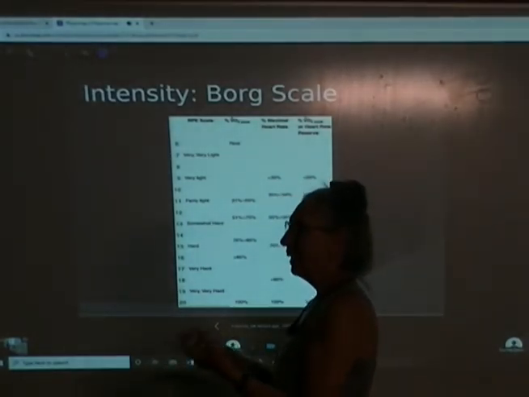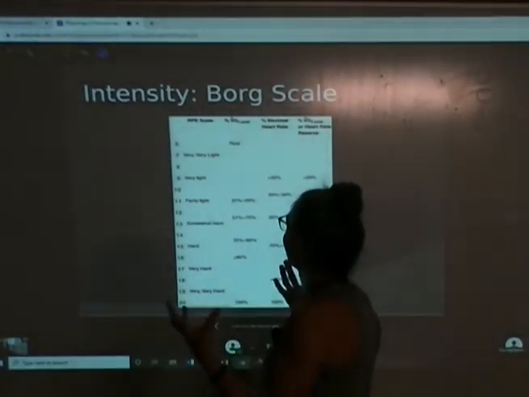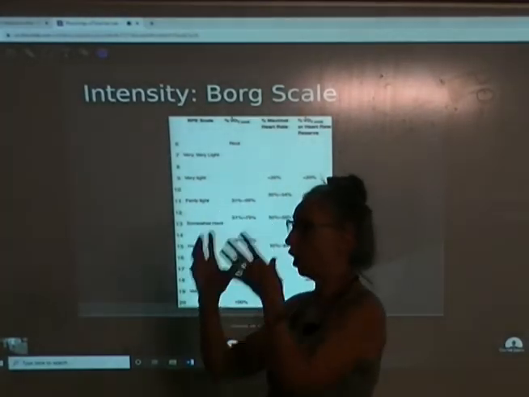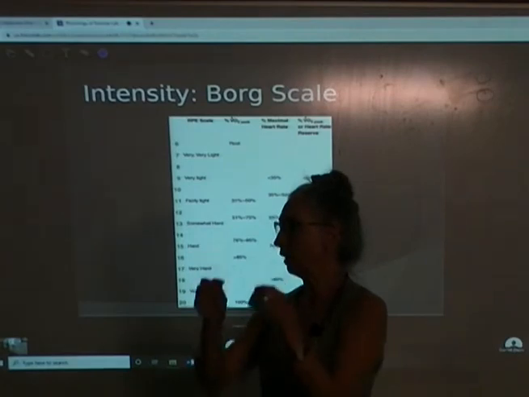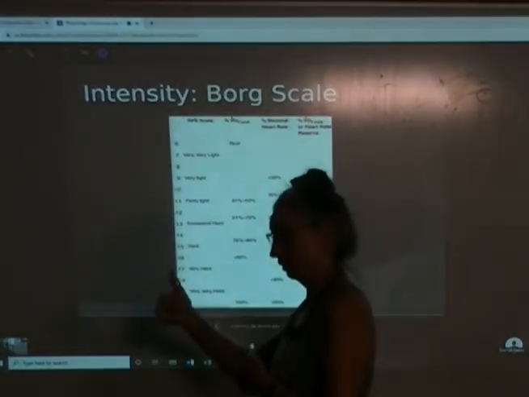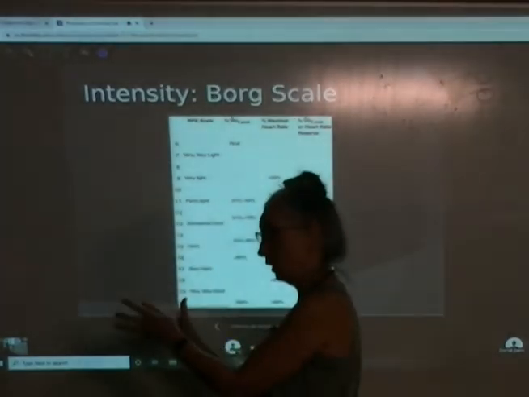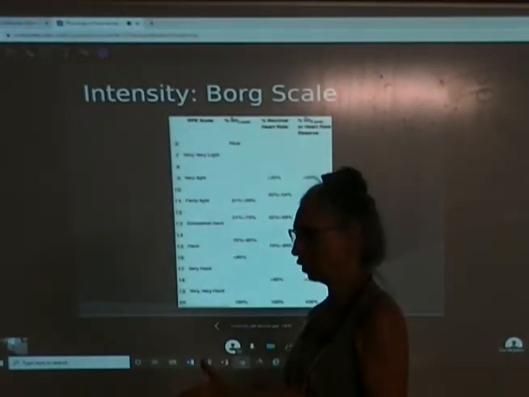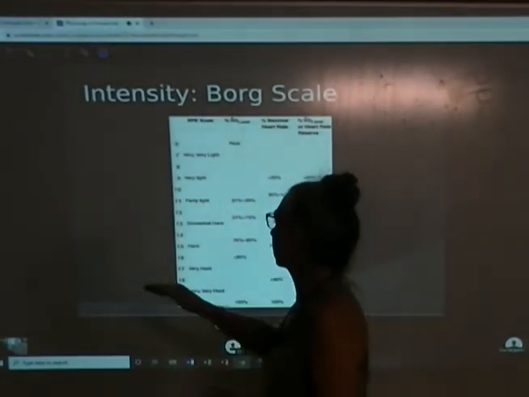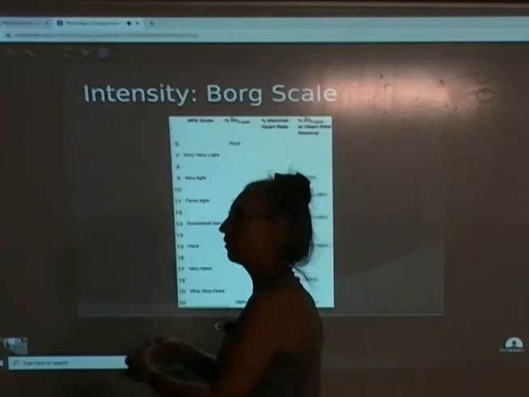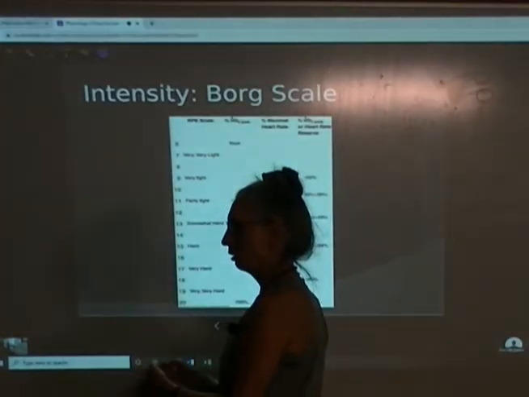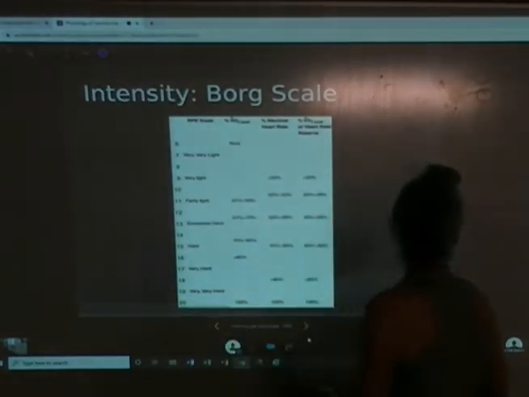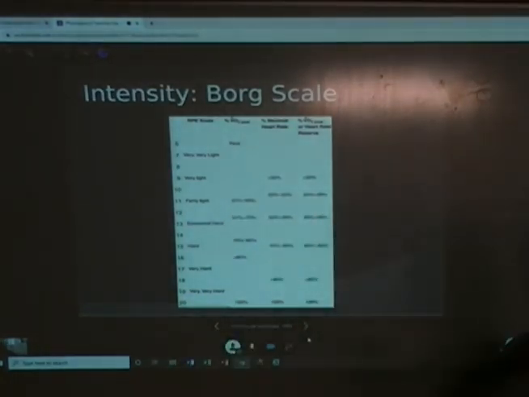So, are RPE scales valid measures of intensity? Yes, with the right population. Are they a physiological measure? No, because it's a rating of perceived exertion. Okay? Questions?